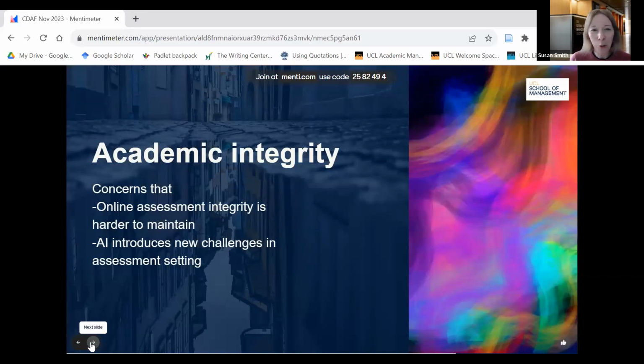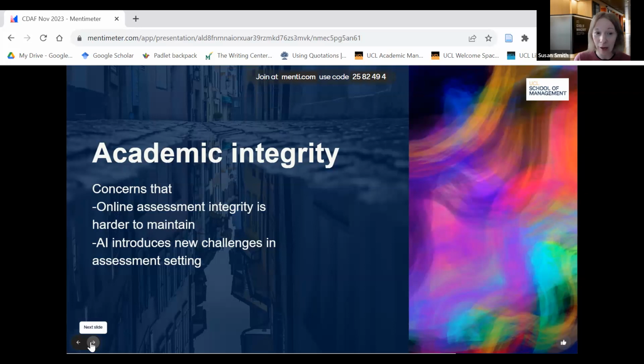So I'm not going to steal Paul's thunder on academic integrity, other than say that online assessment integrity is clearly harder to maintain in many respects, particularly without proctoring. And of course, proctoring has its own drawbacks.